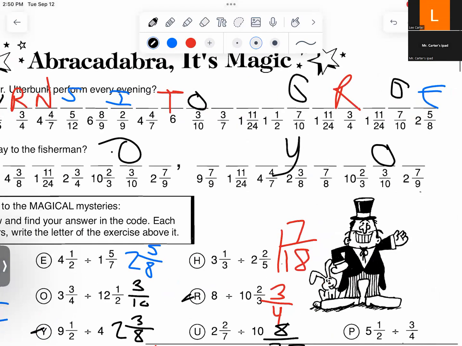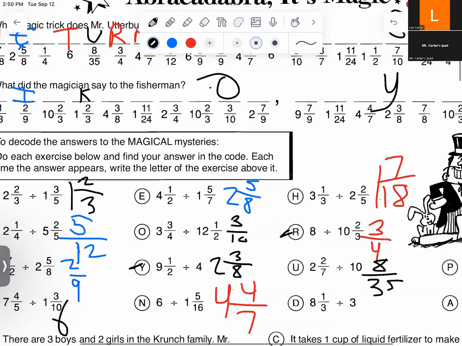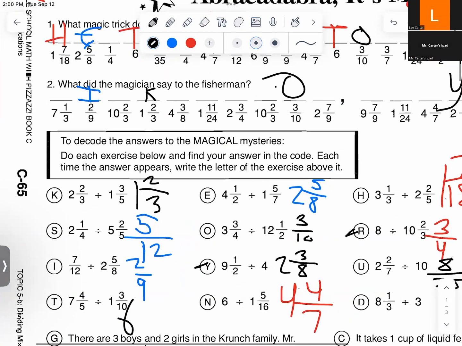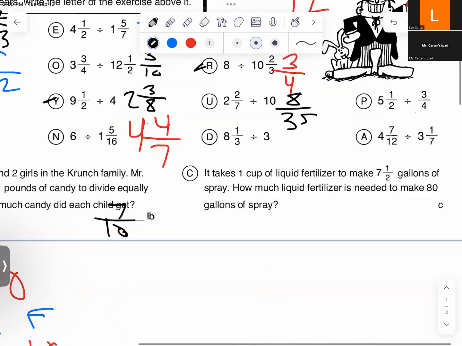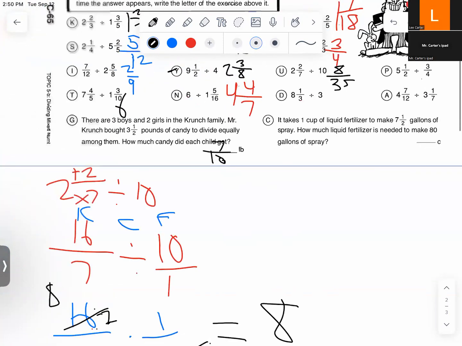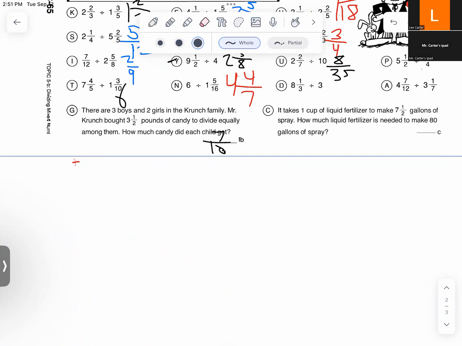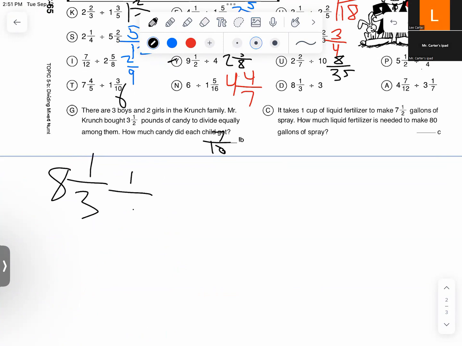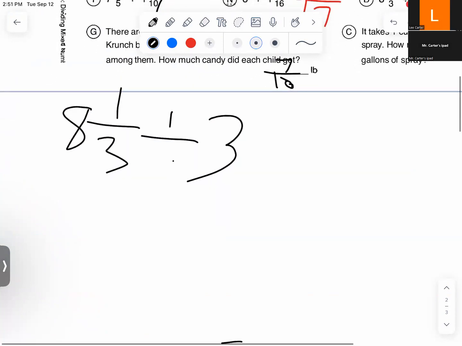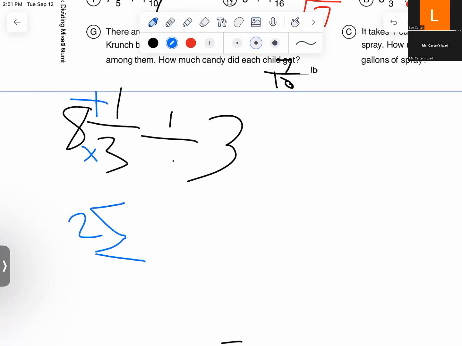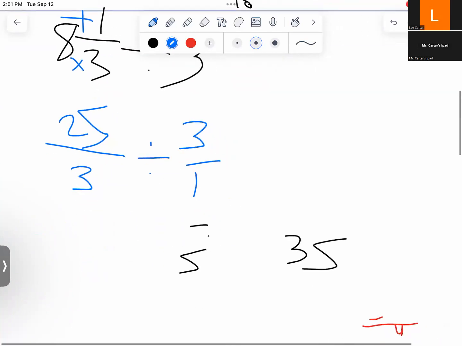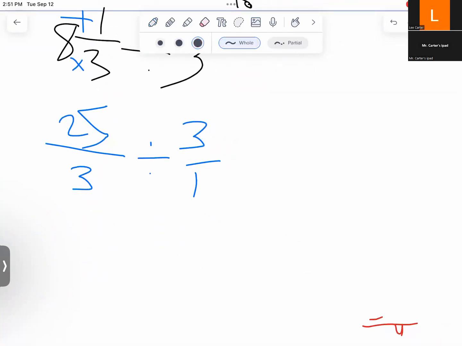And looks like that might be it. All right, it is. All right, next, 8 1/3 divided by 3. Trying to make sure I don't forget. Oh, I can still see it here. Never mind. So this is going to become 25 over 3 divided by 3 over 1. Now we are ready for our keep, change, flip step.